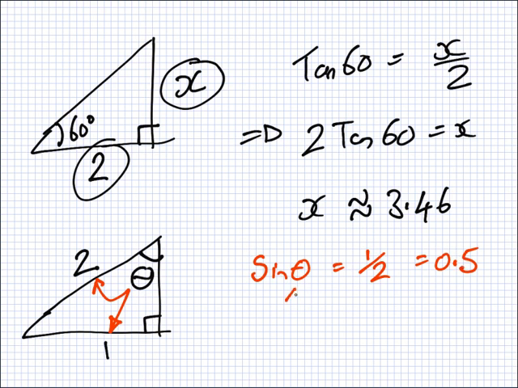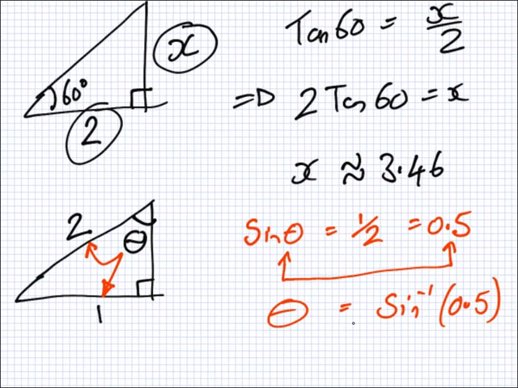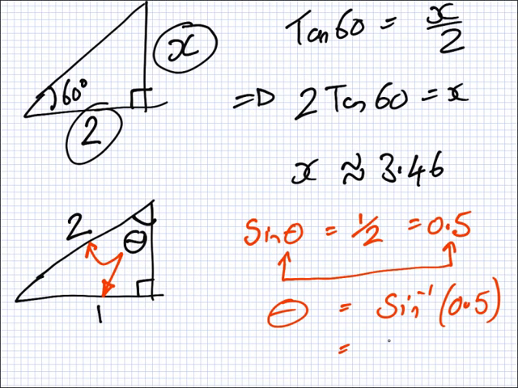Now, do we know how to switch from sine theta to theta on the calculator? You type in second function, shift sine, sine inverse 0.5 on the calculator. This is the theta. So what do we get here? 30 degrees.